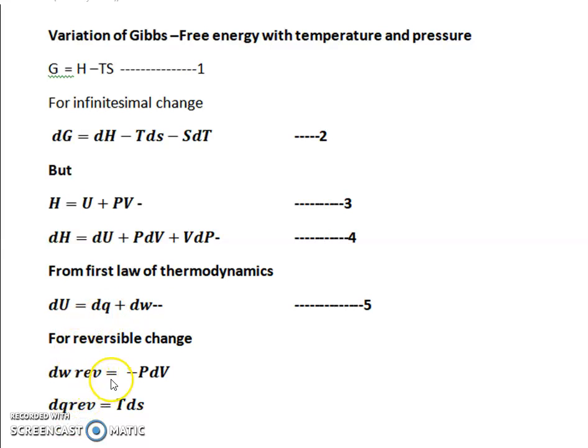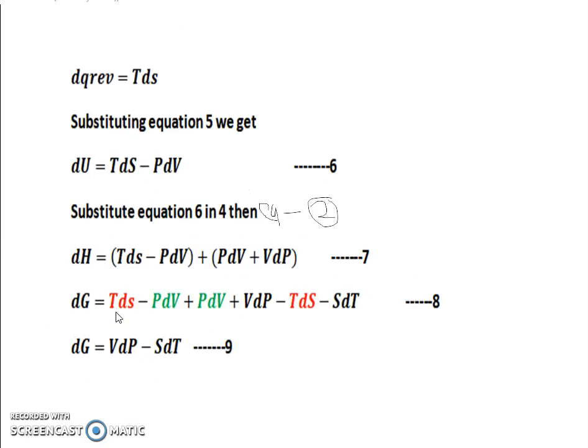Then dq reverse is equal to TdS and dw is equal to minus PdV. So dU is equal to TdS minus PdV.